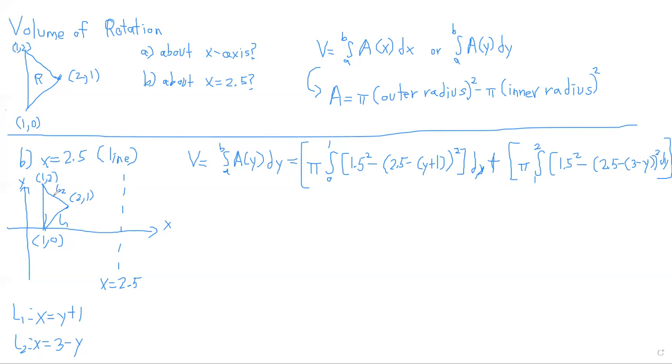If y was equal to 1.5 right here, then y minus 0.5, that's 1.5 minus 0.5, that's 1. And that's the distance of the inner radius there. So we just broke it down into two different separate triangles, this shape.